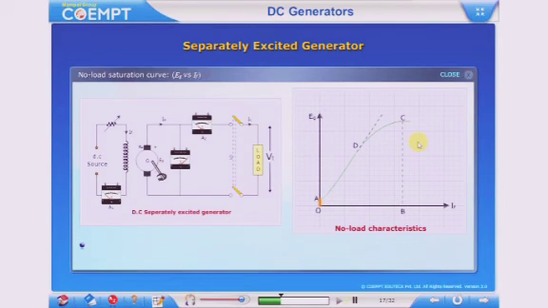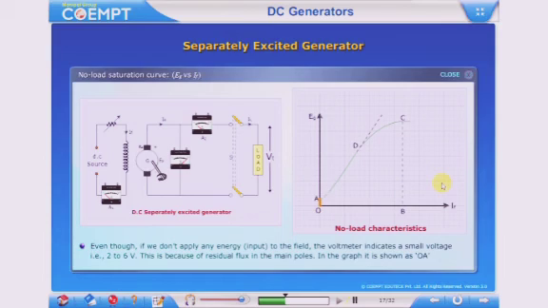Observations. Till AD, the curve is a straight line because the entire field MMF is almost spent in forcing the flux through the air gap, and the MMF required by the iron is almost negligible. From D point to C, there is a decrease in the rate of rise of generated voltage.